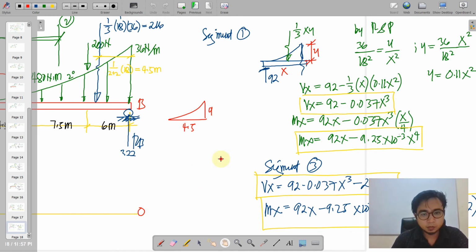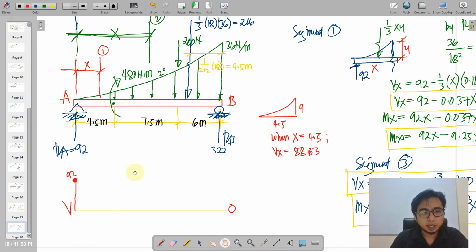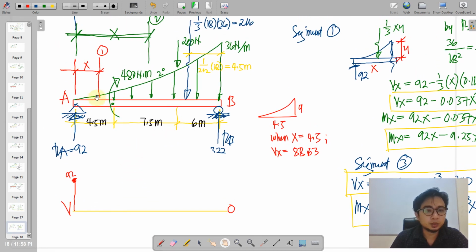When x is 4.5, Vx is 88.63. We'll place it here, and I think we should continue up to 200. Why? Because we do not have to terminate at this point, since the 480 couple has no effect on the shear diagram.